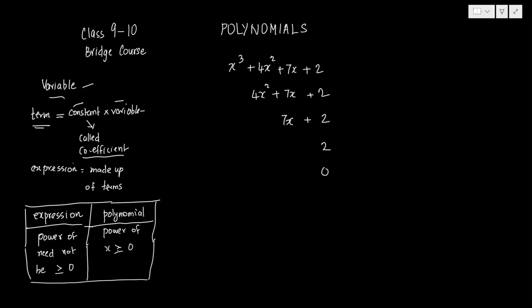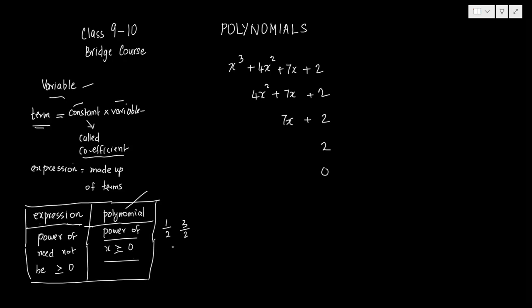Okay, so just to summarize what we learned in the last 30 seconds or so, a polynomial is an expression where the power of the variable x is greater than or equal to 0. It cannot be less than 0. It cannot be a fraction like 3 by 2. It has to be whole numbers. In the case of an expression, the power of the variable need not follow this condition.